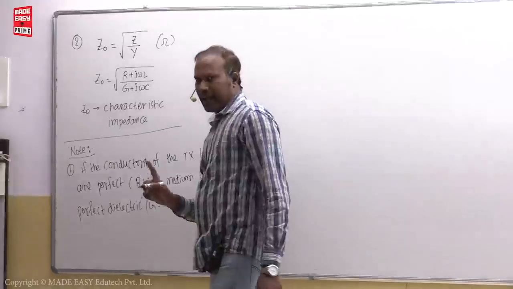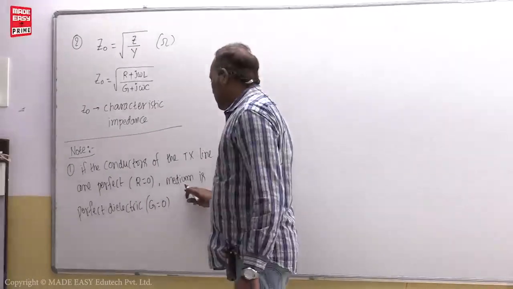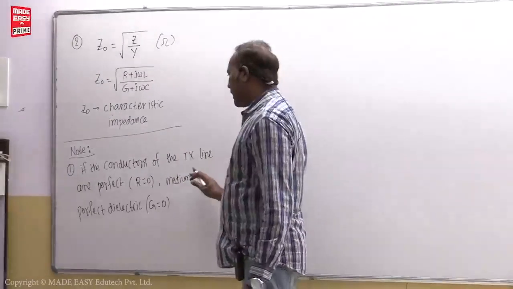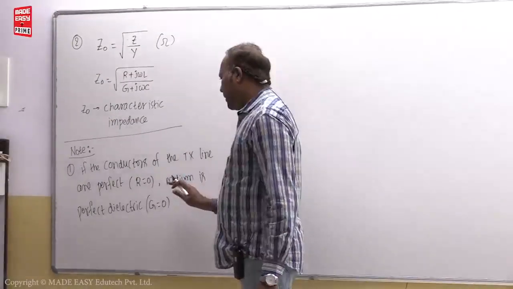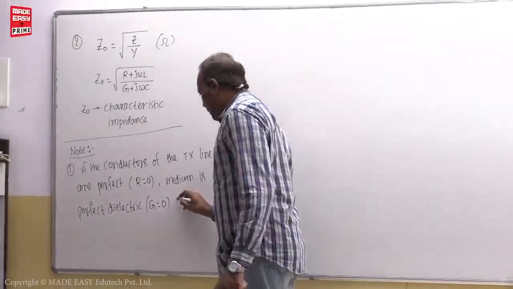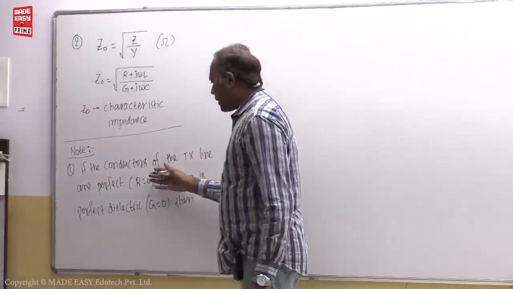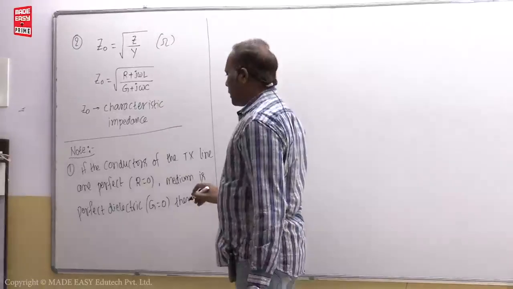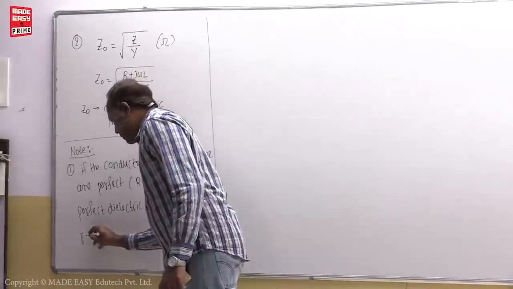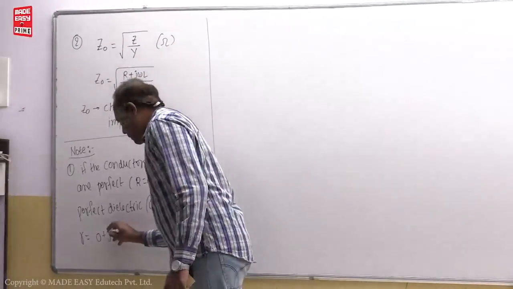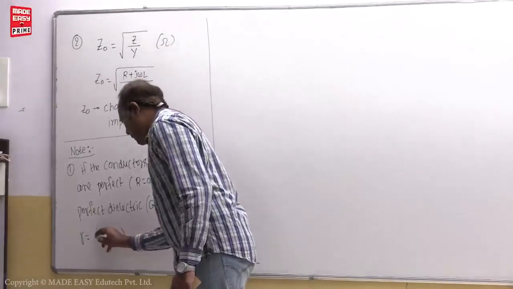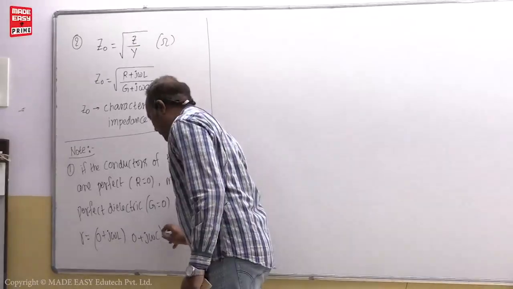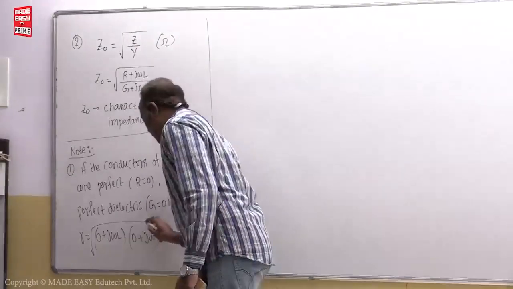Already we wrote this in the characters. So if the conductors of the transmission line are perfect and the medium is perfect dielectric, then R is 0 and G is 0 in this case. So gamma becomes root of (0 plus j omega L) and (0 plus j omega C).